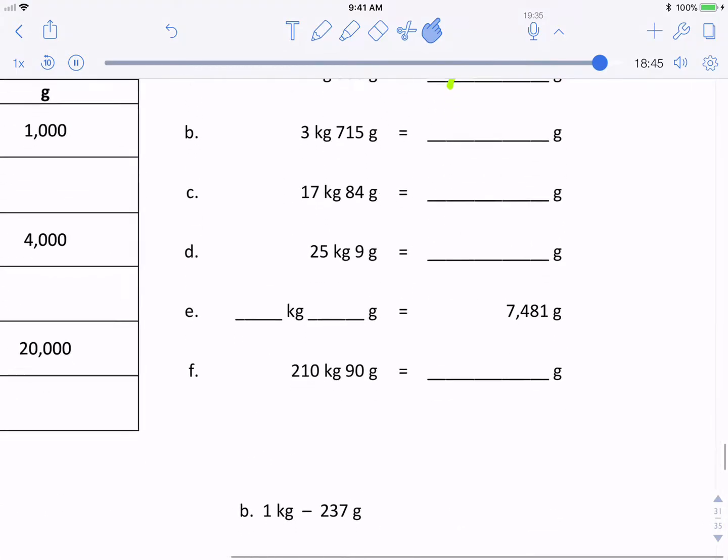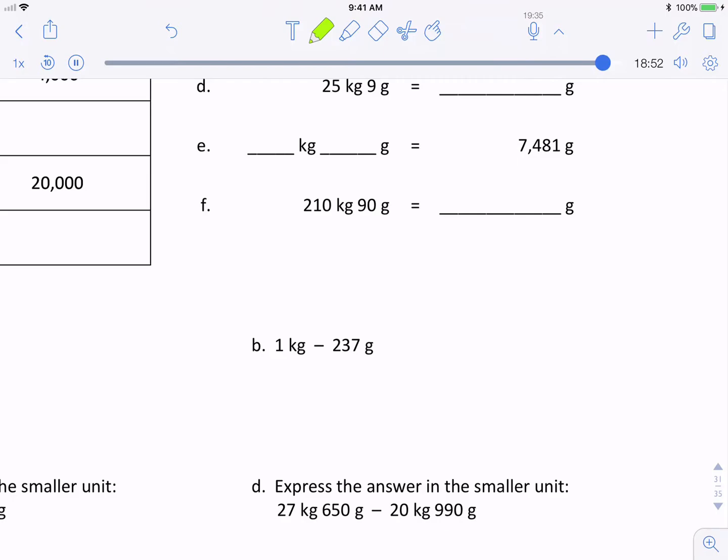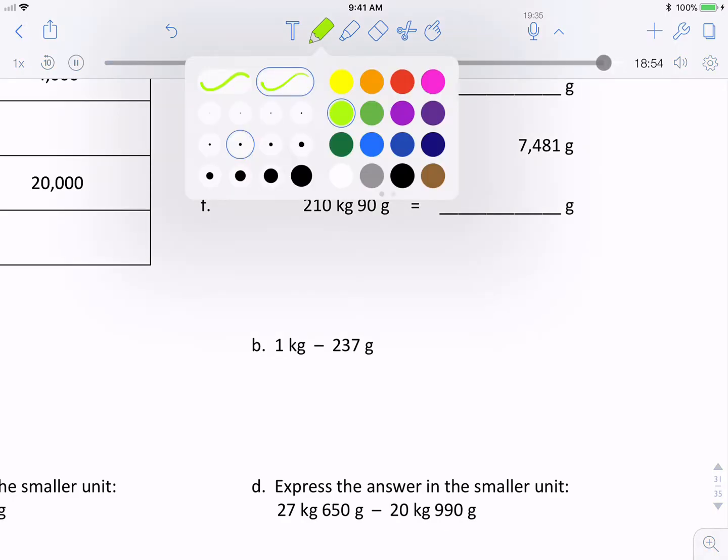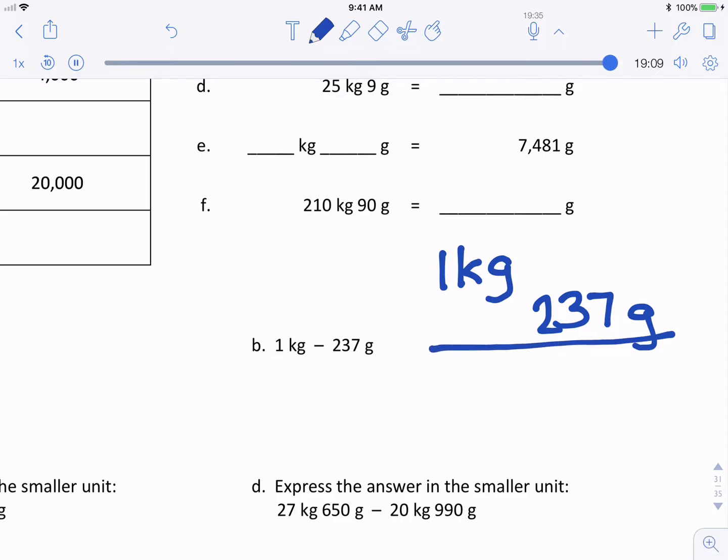Okay, let's look down at B. I have 1 kilogram minus 237 grams. Well, if I set that up, 1 kilogram minus 237 grams, I have nothing to take away, so I have to borrow 1 kilogram.